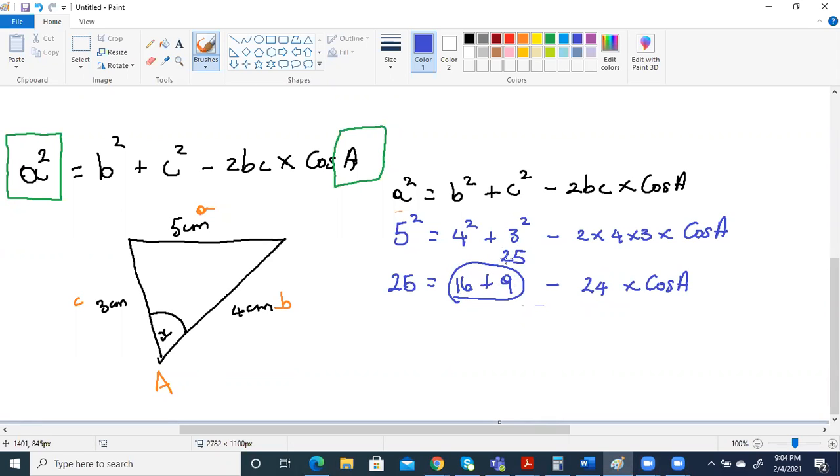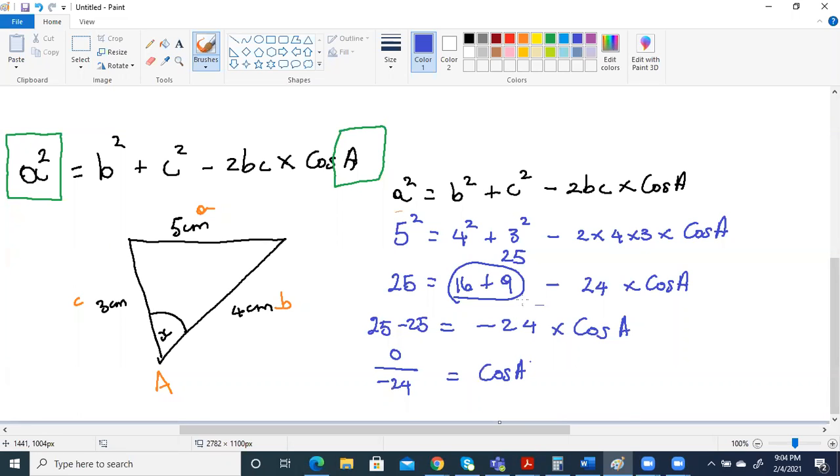So we have to carry this 25 across the equal sign, and we're going to get 0, because 25 minus 25 equals 0. This 24 is being multiplied, so we take it across and it's going to be divided. So we have 25 minus 25 over minus 24 equals cos A.